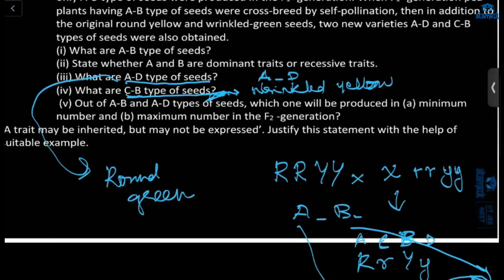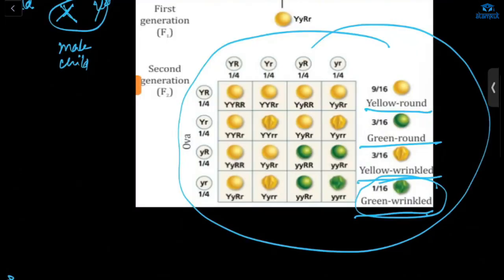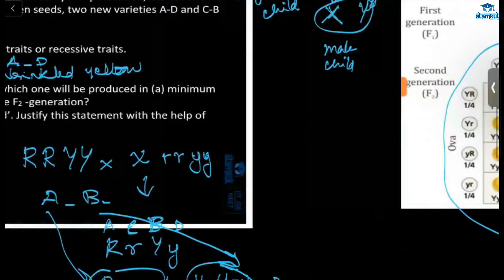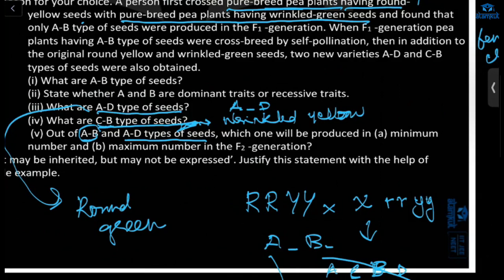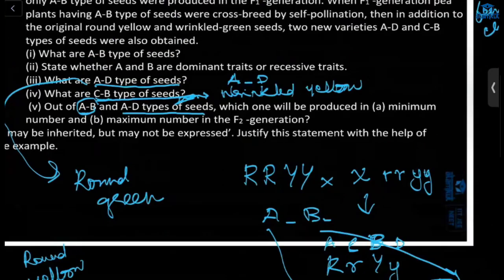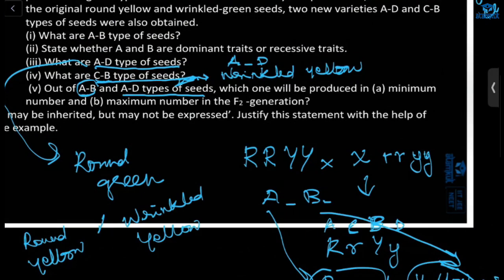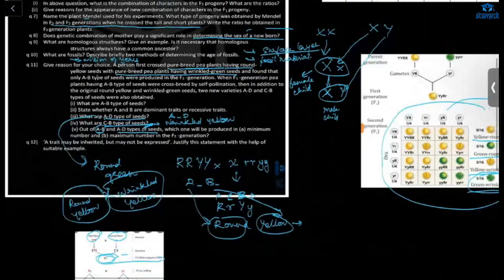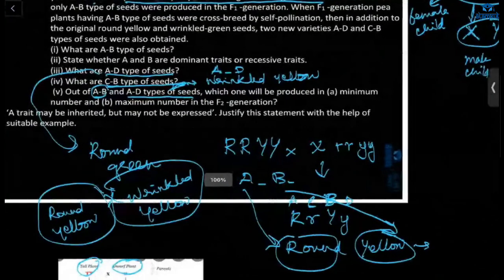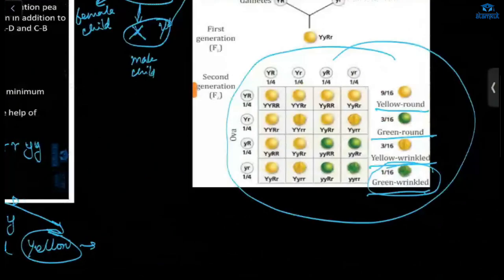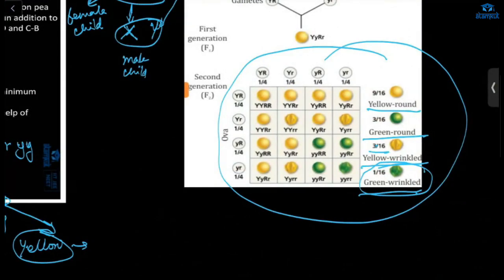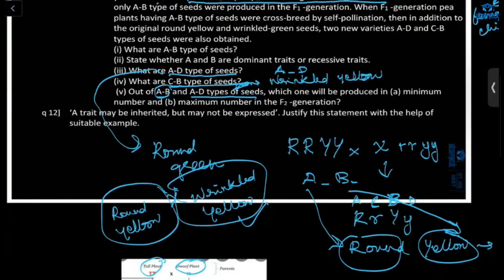Out of AB and AD types of seeds, which one will be produced in minimum and which in maximum in the F2 generation? It is asking about AB. AB is round yellow and wrinkled yellow. Based on this, which will be produced in minimum number? Wrinkled yellow, obviously. Wrinkled yellow is 3. And round yellow we have 9, the maximum number of seeds, right?